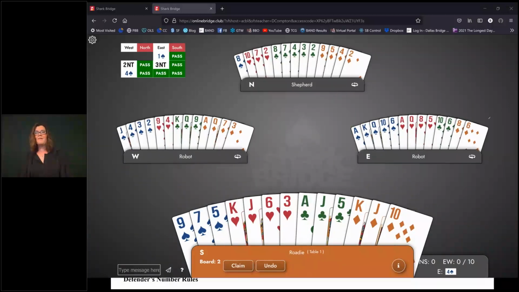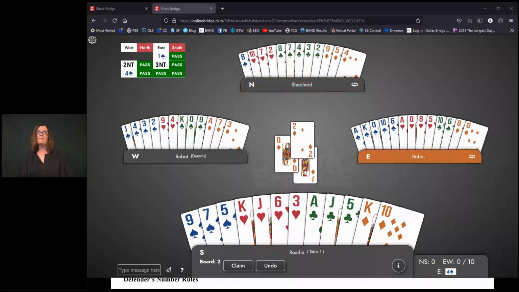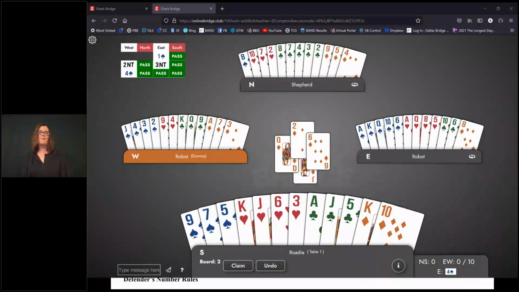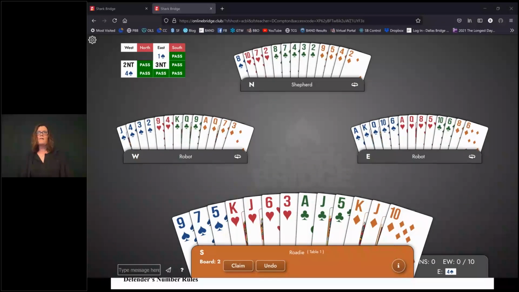Leading a diamond, well, if we were to lead a diamond, we'd lead the jack of diamonds. This is actually a safe lead because declarer can take this finesse anyway, right? And then lose no diamonds, but you don't know that. We could easily switch. Let's go back to the jack of diamonds and say that we switch the queen to East's hand.